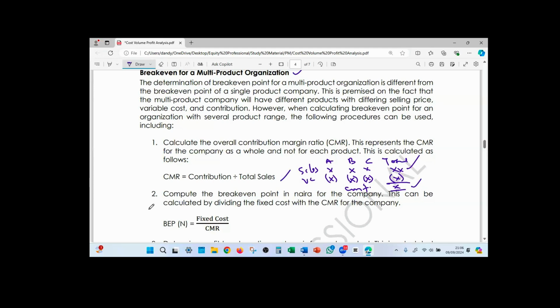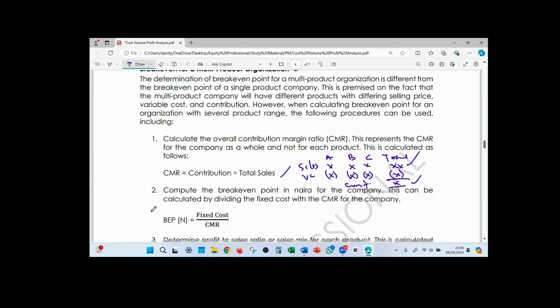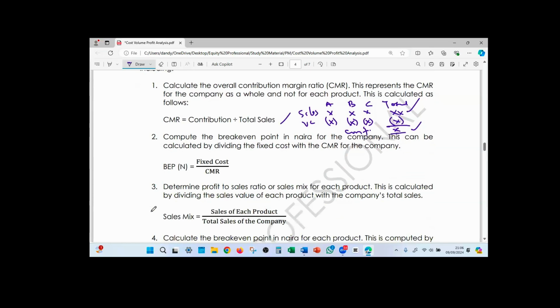Okay. Then step 3 is to calculate sales mix, or what is called profit to sales ratio. How do you determine sales mix? Sales mix is the sales value of each product divided by the total sales value.